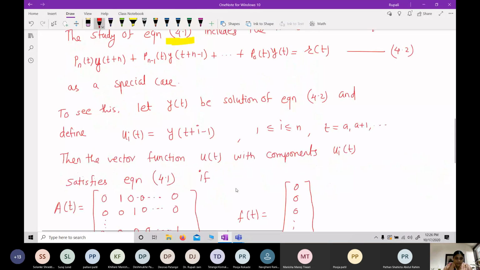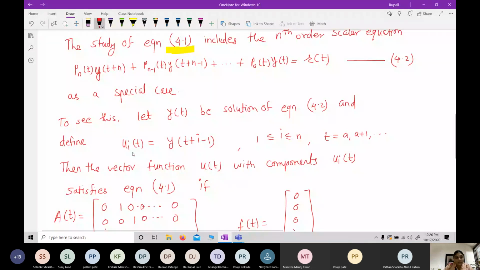What is u1t? If I substitute I is equal to 1 in this equation, uit is equal to y of t plus I minus 1. What is u1t? y at t plus 1 minus 1 will be 0.